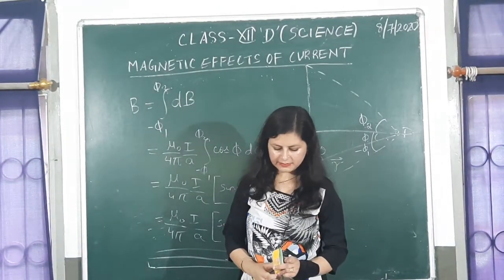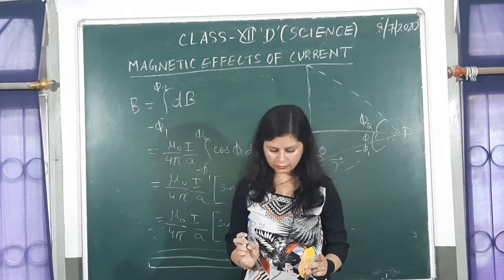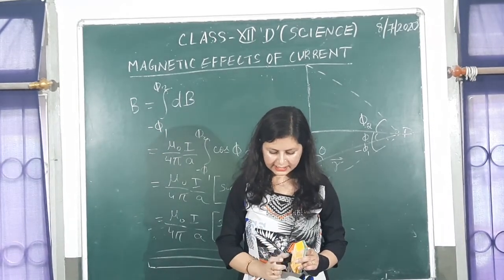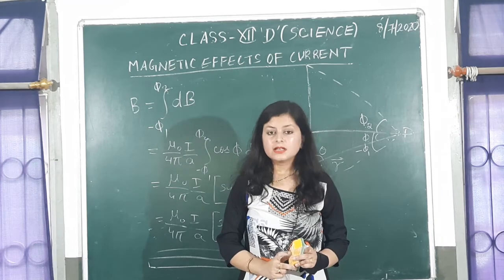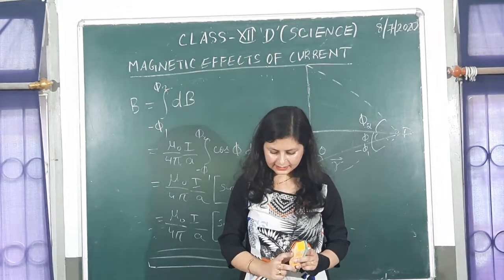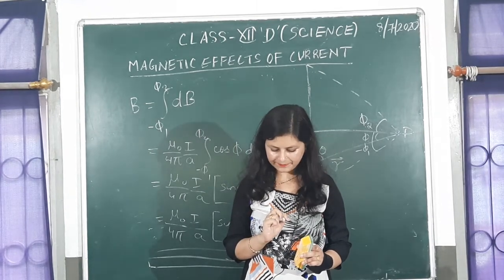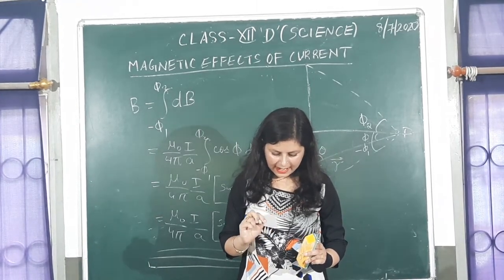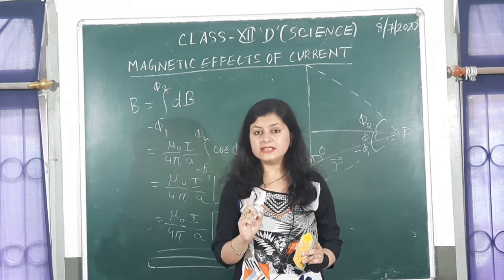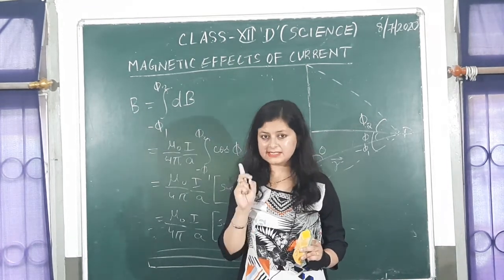Then your task will be to take two special cases. The notes have been posted to you. One case you are going to take is if the conductor is of infinite length, then you have to take phi 1 and phi 2 both equal to 90 degrees, and the point P lies near the center of the conductor, that is case 1.